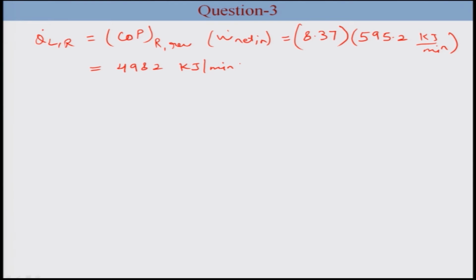Second, we need to calculate the total rate of heat rejection to the ambient air. From both the heat engine and the refrigerator, some heat is being rejected to the ambient air.